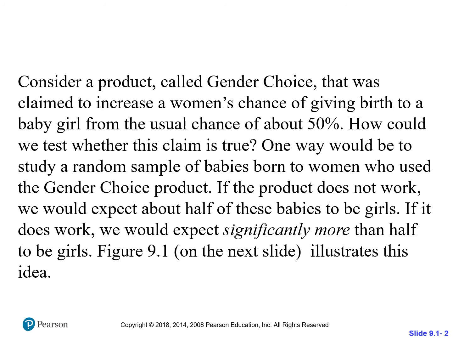Well, what we could do is a classic experiment where we have one group who take Gender Choice and we look at how many baby girls they have. And so we would expect to see significantly more baby girls, more than 50%, for those who took that drug.